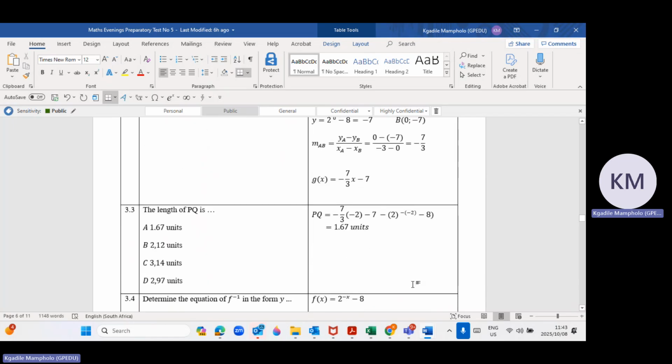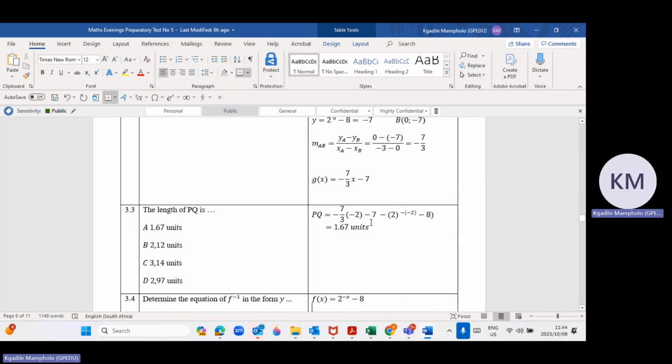3.3, determine the length of PQ. Remember, PQ is the line between the linear and the exponential, and since it is parallel to the y-axis, remember when the line is perpendicular to the x-axis, then it's parallel to the y-axis, x does not change. Since we're given that OD is equal to 2 units, it means the x of D will be negative 2.